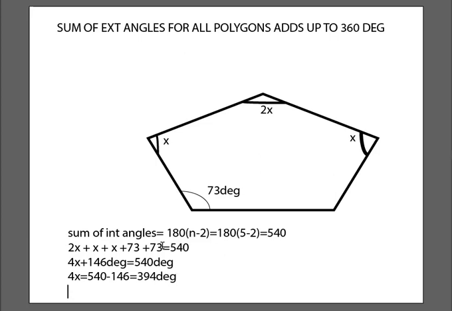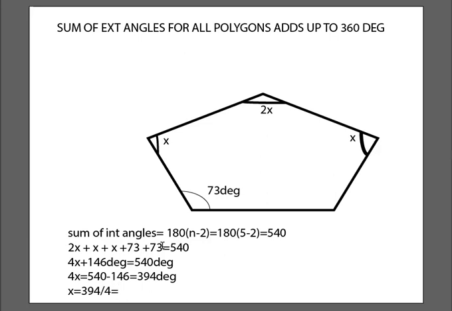You make x the subject, that means you divide 394 by 4. 394 divided by 4, you get what? 4 into 39, that's 9. Remember 3. 4 into 34, that's 8, right? So your answer there is supposedly 98.5 degrees.